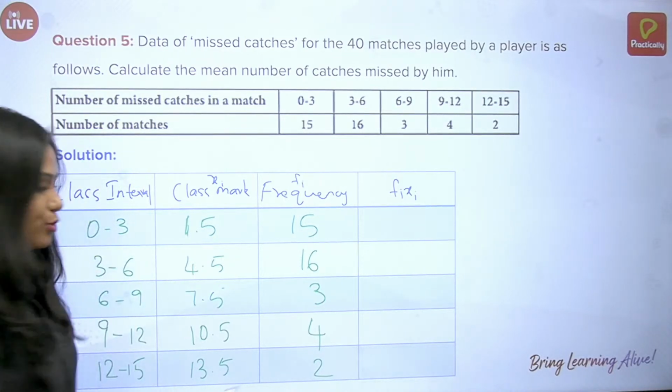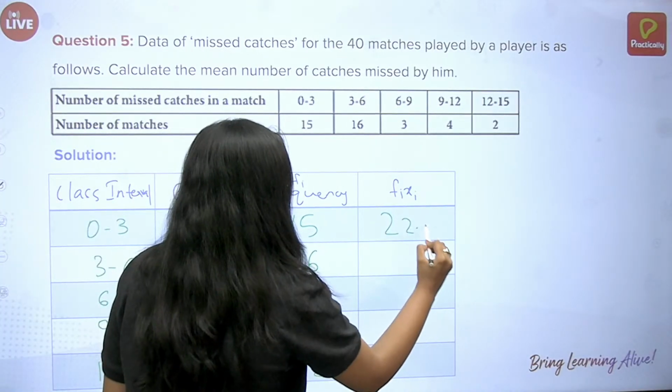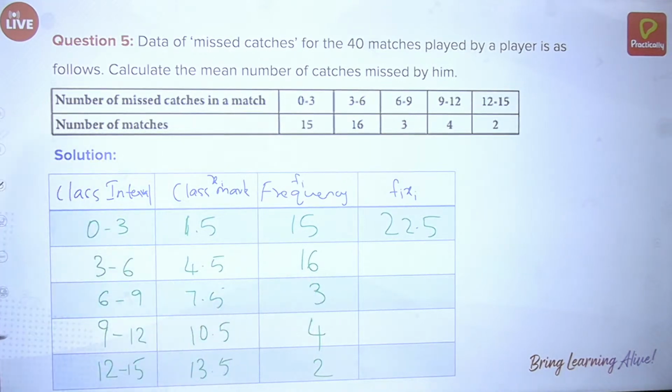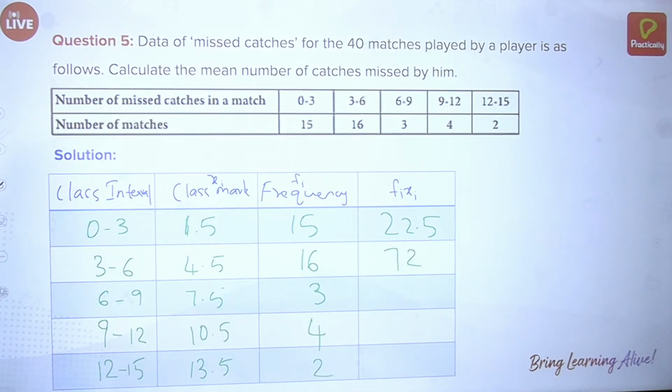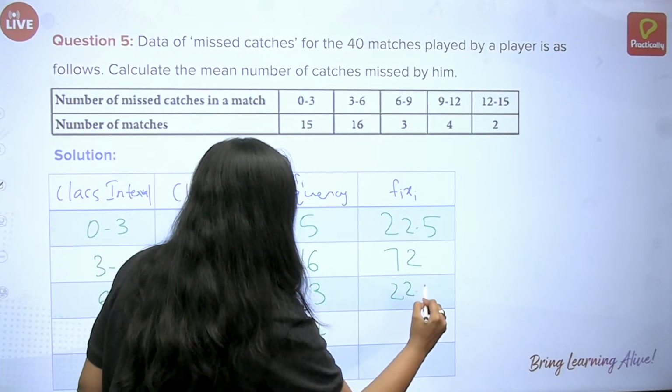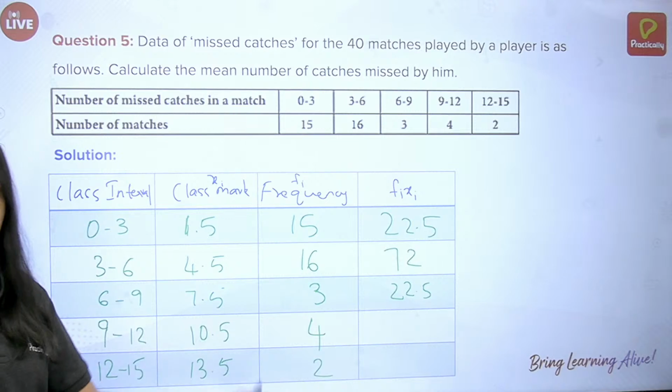Correct? So, 22.5. Same thing, 16 into 4, 64, plus 8, 72. Next, 3 into 7.5, 3 fives are 15, 3 is 22.5 again. So, can you tell me the last two?